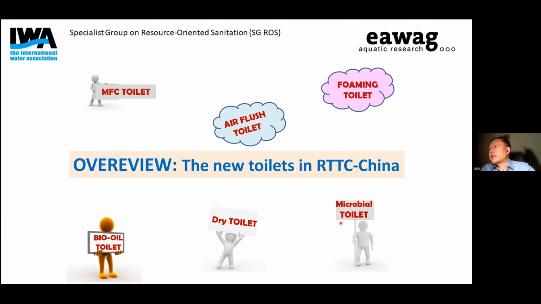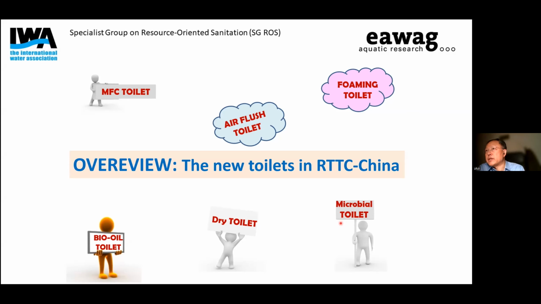Technically, in China, several different programs have been launched to push resource-oriented sanitation. You can see here, based on the support of the Bill and Melinda Gates Foundation or other organizations, Chinese research departments developed different toilets.